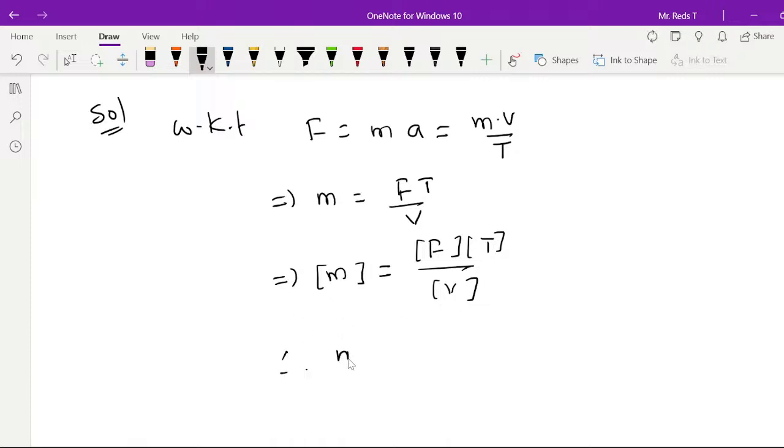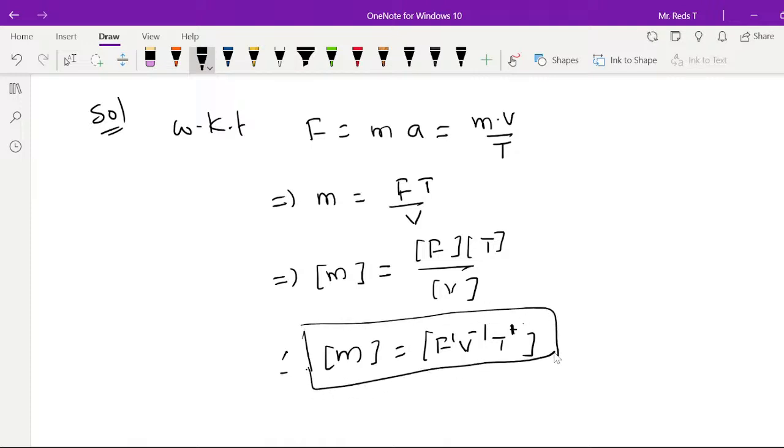So therefore, dimensions of mass is F V power minus 1 T power 1. So this is the correct answer, F power 1 V power minus 1 T power 1, which is option D.